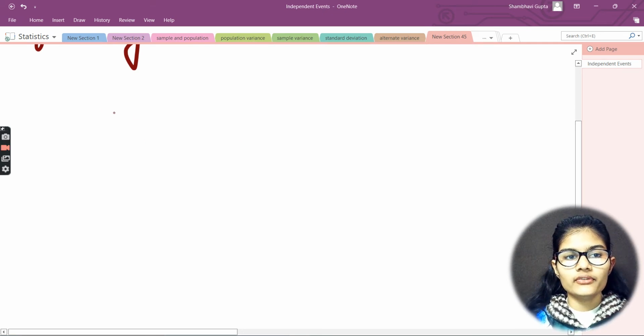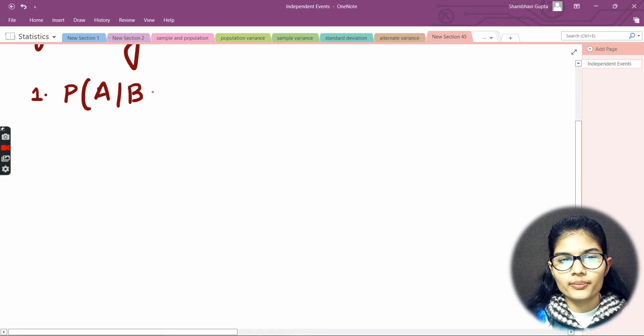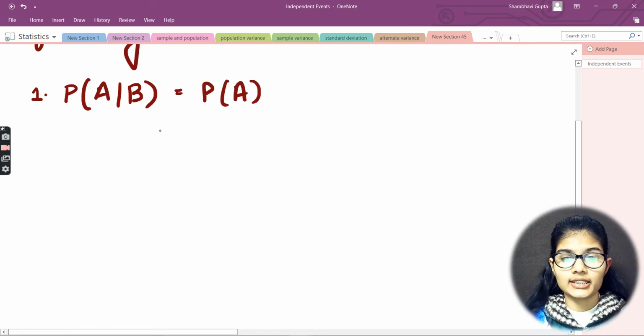The very first condition is that the probability of A given B is the probability of A. This is the first condition that has to be satisfied when you are checking whether the respective events are independent or not.